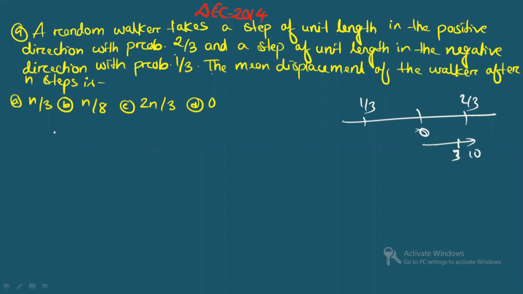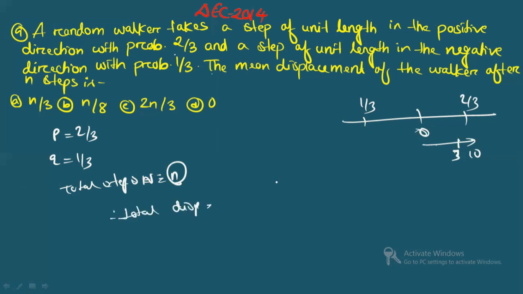So here you see, the probability for the right is 2/3, and for the left 1/3. Total steps given to you is capital N, which is equal to small n here. So finally you will write the total displacement.